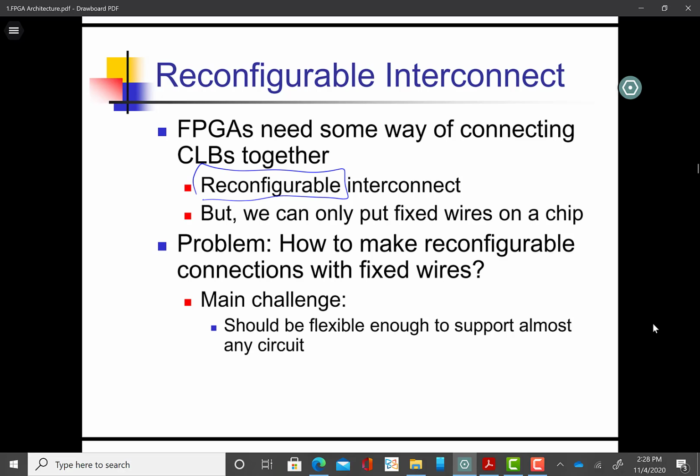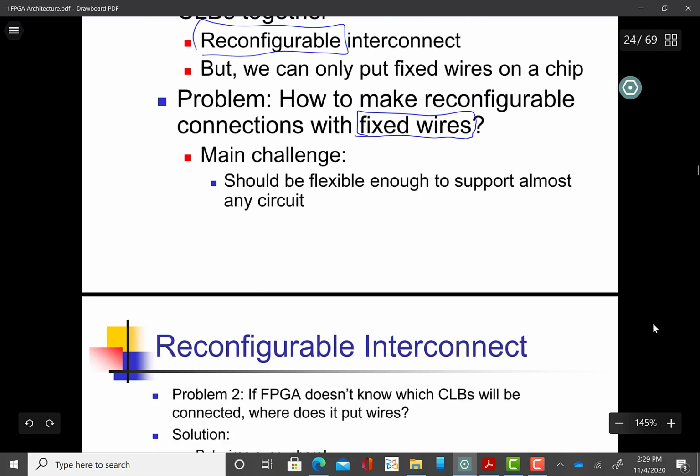The problem is how to make the connections reconfigurable, because you know that we used to connect two things together with wires, and wires are not reconfigurable. So how can we design a routing architecture which is reconfigurable and which enables me to connect any two CLBs in this sea of CLBs together?